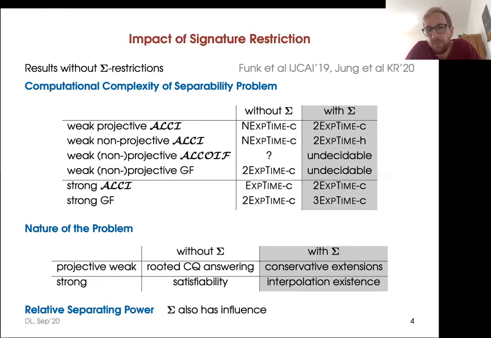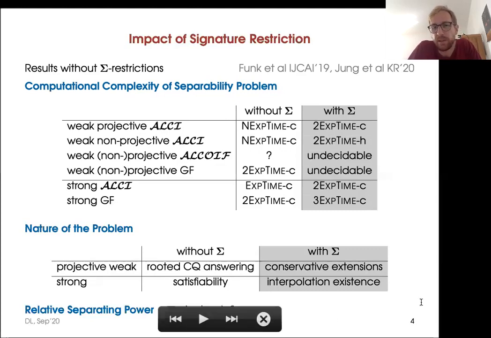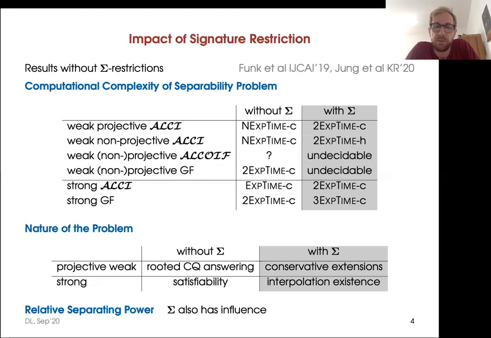And there are examples. So also here the signature has an influence, for example, in the strong separability case, ALCI, strong separability, and FO separability are the same, and this is not the case for the case with an additional signature. But yeah, I refer you to the paper for more details.